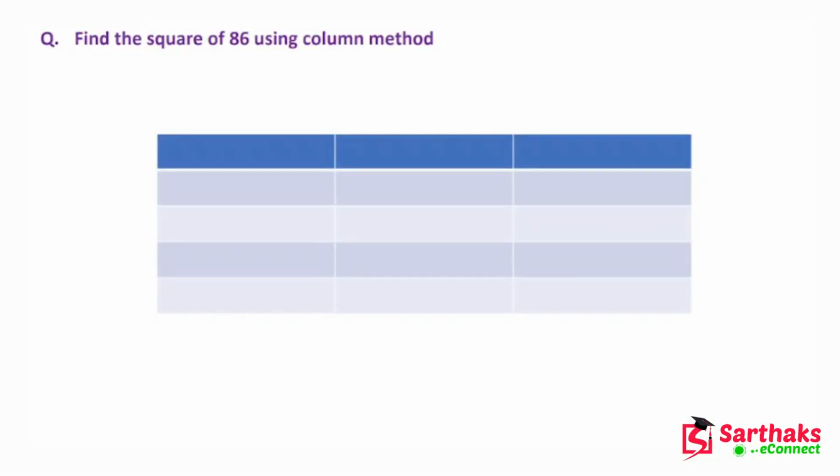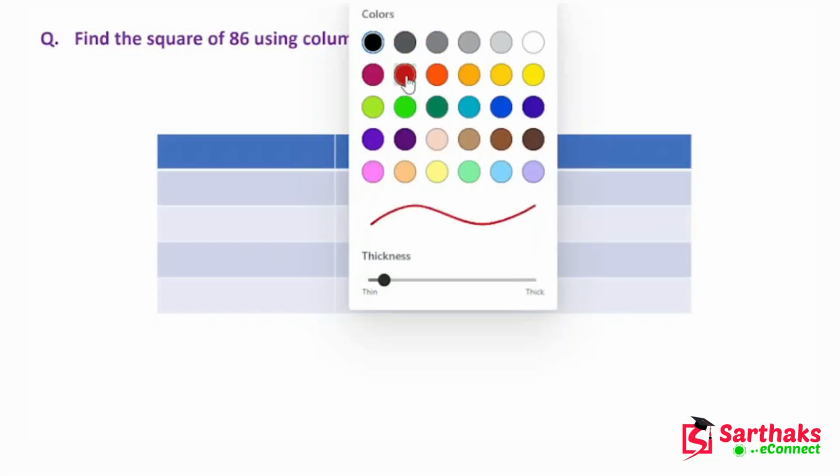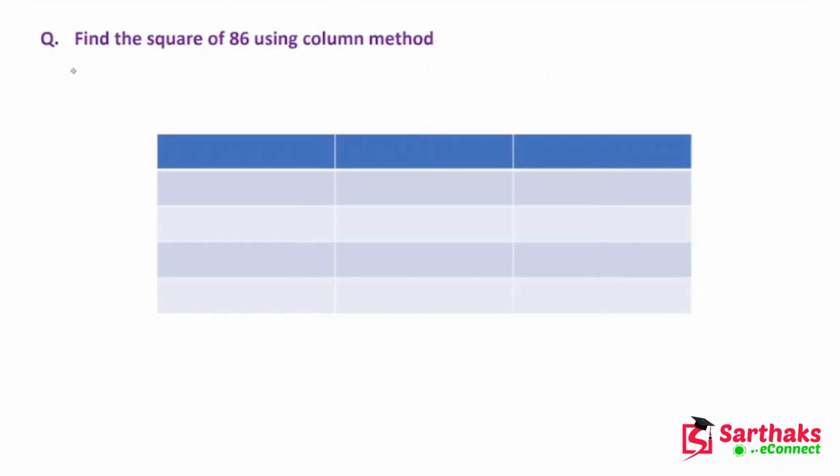Okay, now in this question we have to find the square of 86 using the column method. Okay, so AB here is 86, which implies that A equals 8 and B equals 6. So here you can directly write A square here, 2AB over here, and then B square over here.